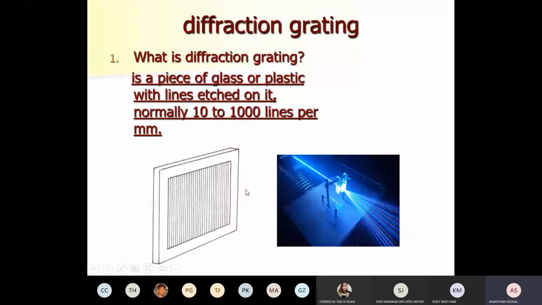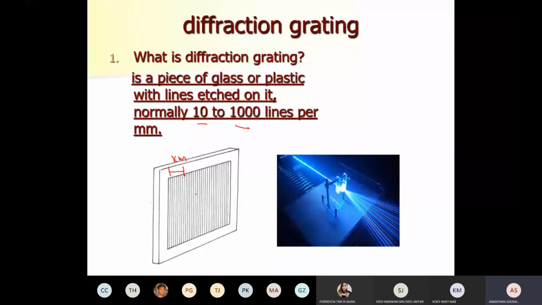So it's just a glass sheet with lots of lines, maybe 10 to 1,000 lines per centimeter.